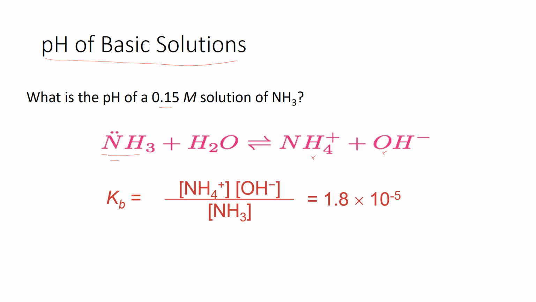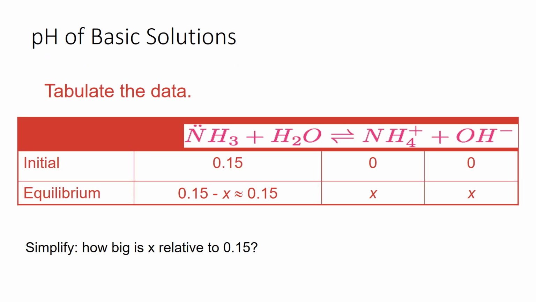But remember, the question expects us to determine the pH of a 0.15 molar solution of ammonia. So how do we determine this concentration? We use the ICE table, so that we have that equation.